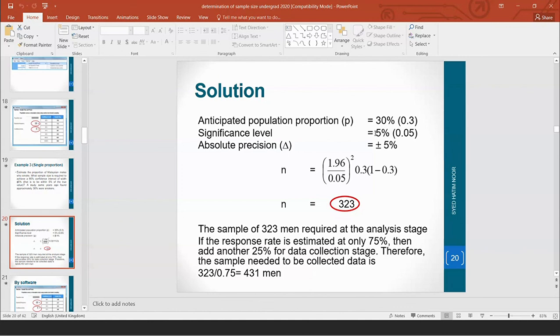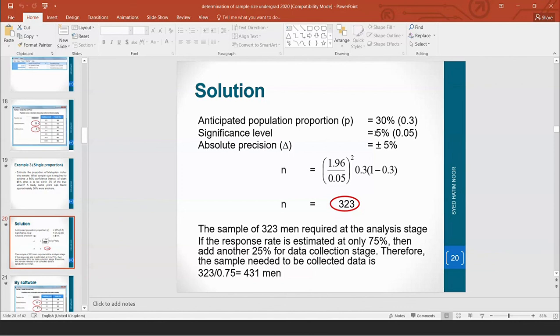Format, how many questions I'm not sure yet, but the format is MCQ and also SEQ, like your final exam. It is a 1 hour test only.